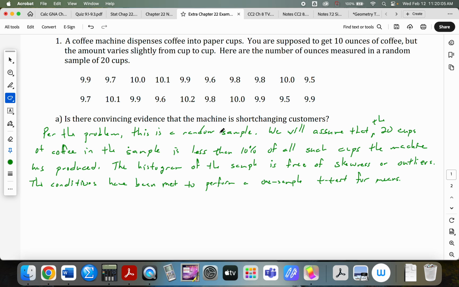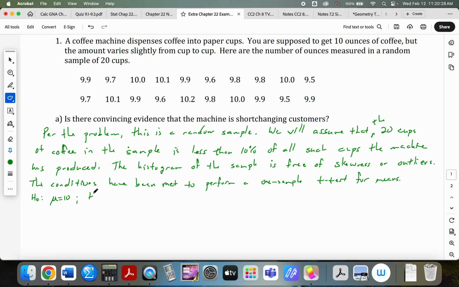All right, hypotheses. Our null hypothesis is what? Mu, the mean, is equal to 10. I don't know where you got 20 from. Oh, there were 20 samples.